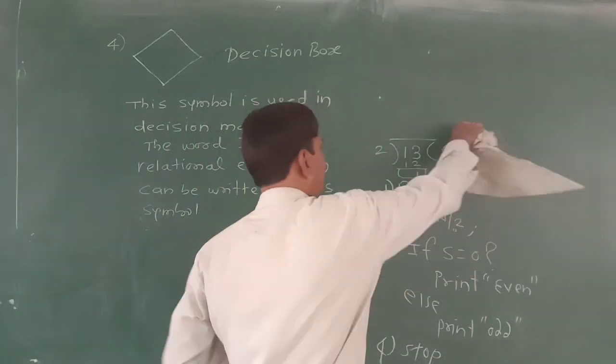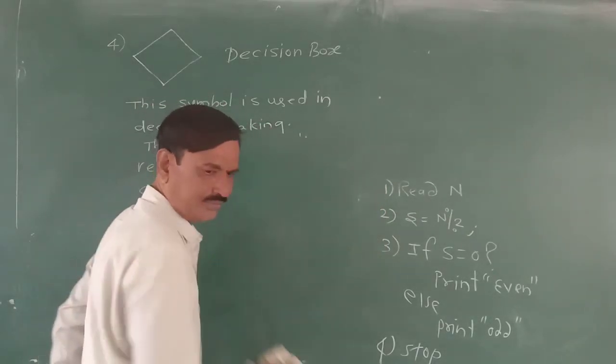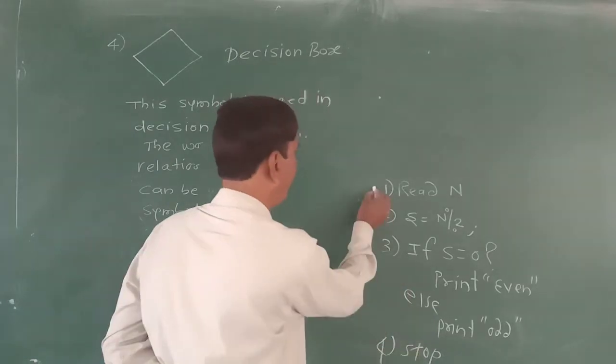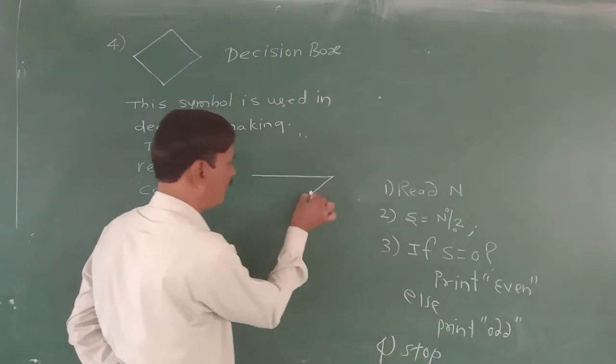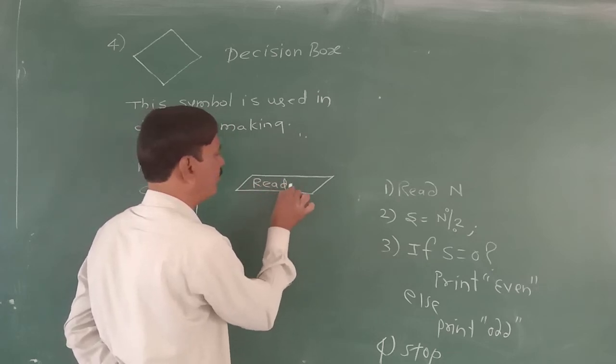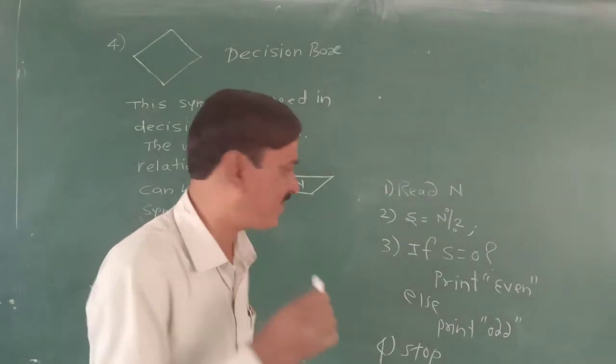Now look here, these are the instructions. Now we will write a flowchart for it. Instead of text, symbols. Read n. Okay, this symbol. Read n. Yes is equal to n modulo 2. It is the process.